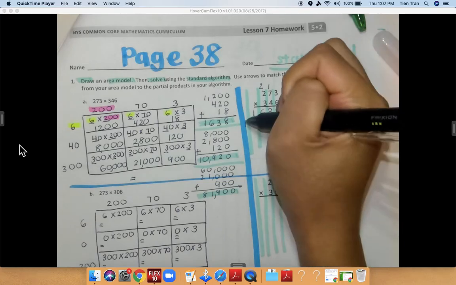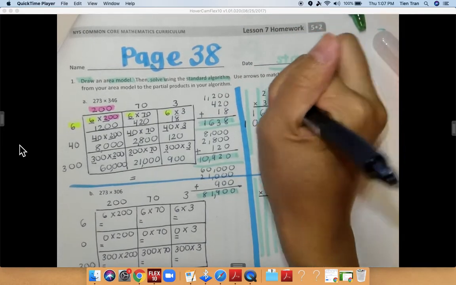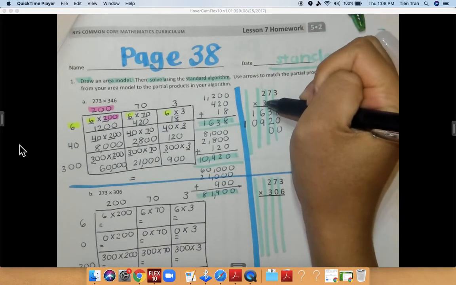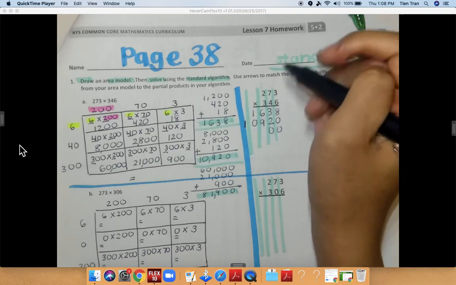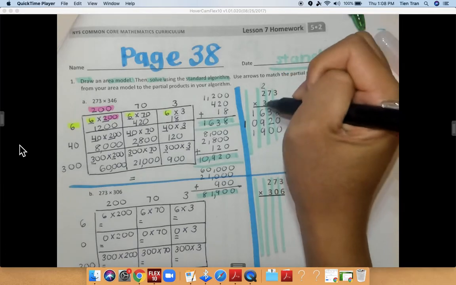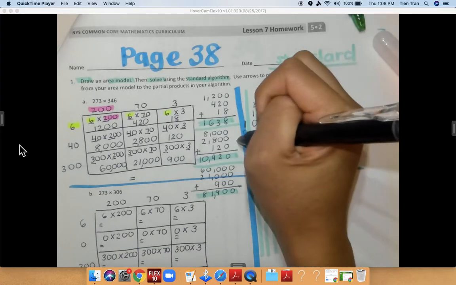I'm going to add all of my numbers together. Oh, not quite yet. I still have my place value right here in the hundreds place. So 3 times 3 is 9, 3 times 7 is 21, and 3 times 2 is 6, plus 2 is equal to 8.